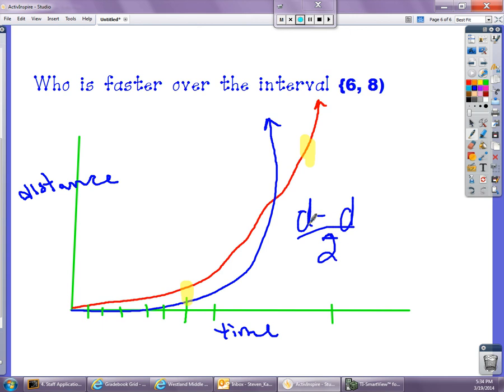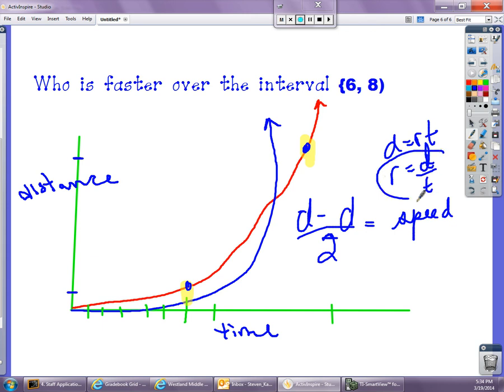And then you're dividing it there, and that's going to get you your speed. Because remember, distance equals rate times time, so if you turn this around, rate equals distance divided by time. So we want to take the distance that we traveled divided by time.